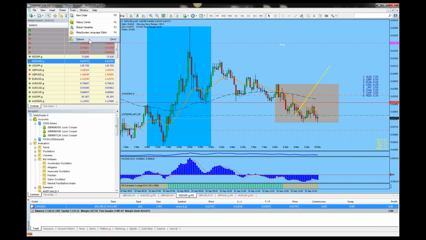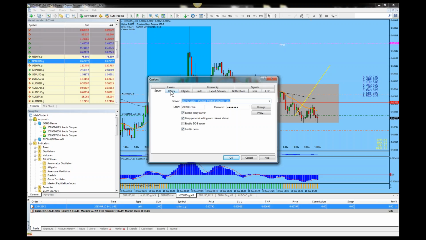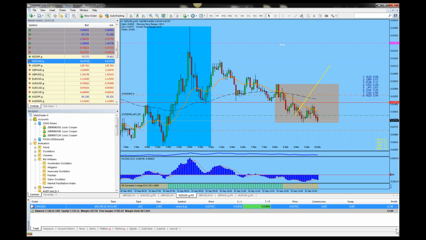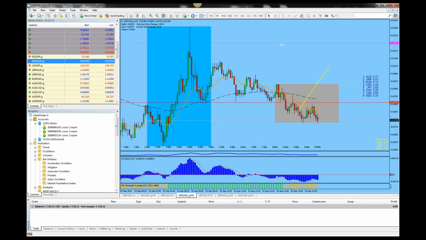Wait, tools, options, charts. Oh, trade. Use one-click trading. Okay, turn that on. Oh, disclaimer. That's what stopped me before. The disclaimer showed up on the other screen. I'm wondering why the thing wouldn't go through the right way. I'll take $10. Okay, so we got $130.